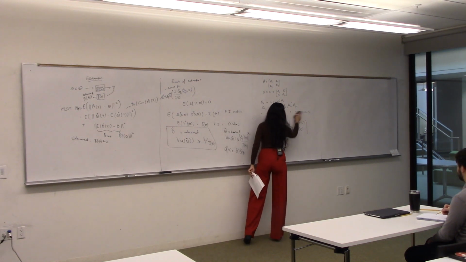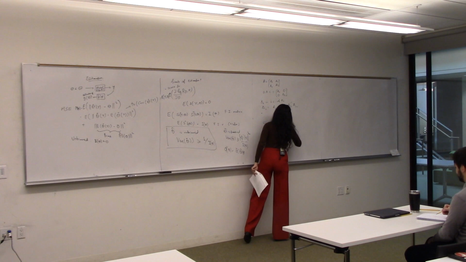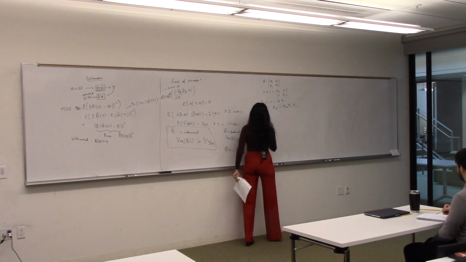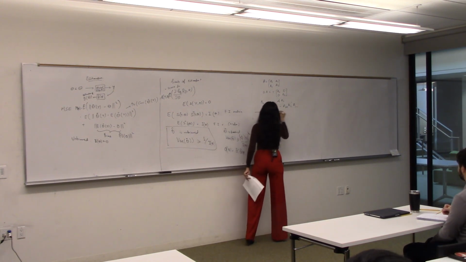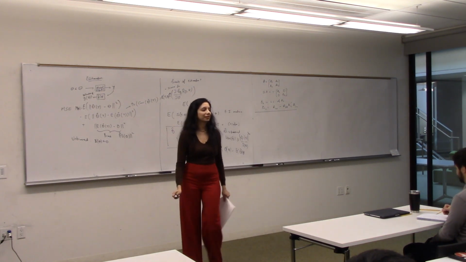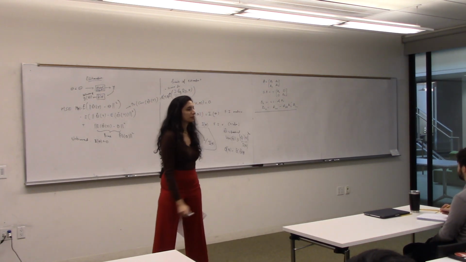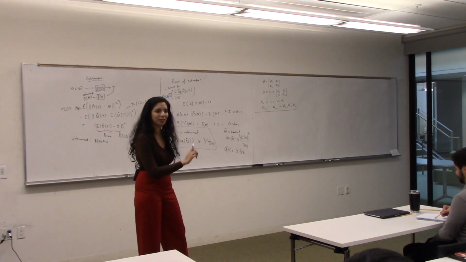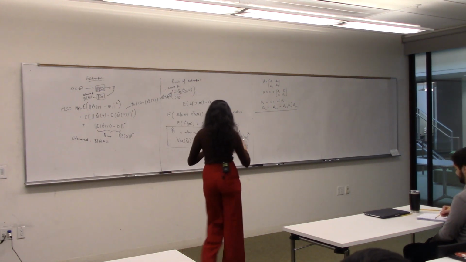Let me directly jump to the proof of the Cramer-Rao bound, because that's what we'll use this for. Any questions on the Schur complement? Makes sense, right? You've probably seen this before.